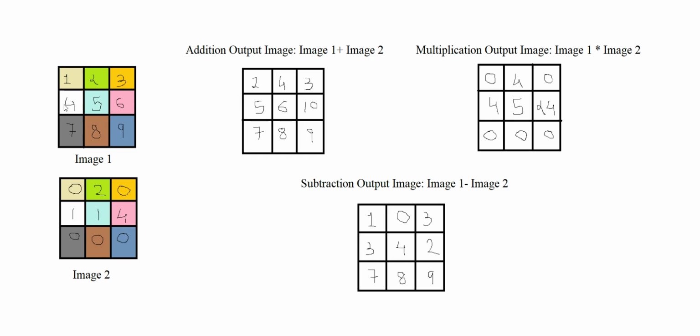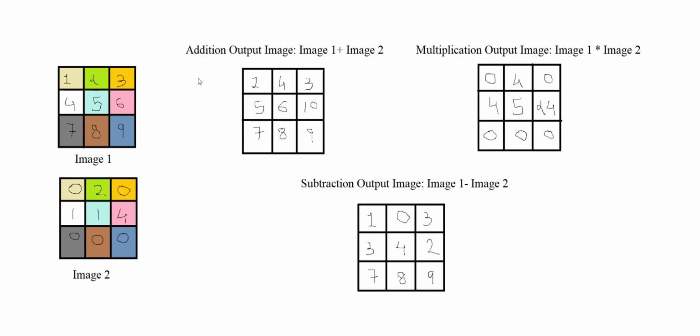So 4 minus 1 is 3, 5 minus 1 is 4, 7 minus 0 is 7, 8 minus 0, and this is how the subtraction output image is generated.